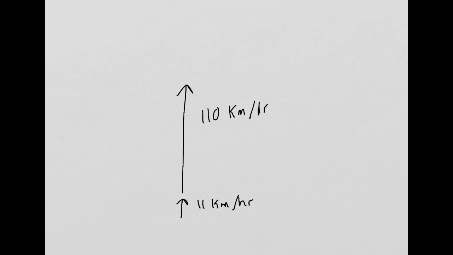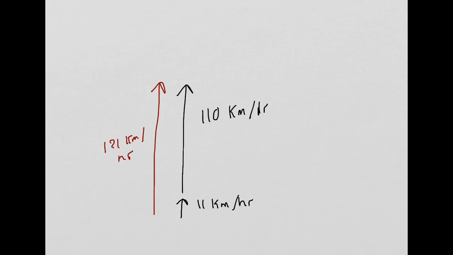So the resulting vector, the speed of the plane, is actually just these two vectors added together, which is easy because they're in the same direction. So that's really just 121 kilometers per hour in the northerly direction.